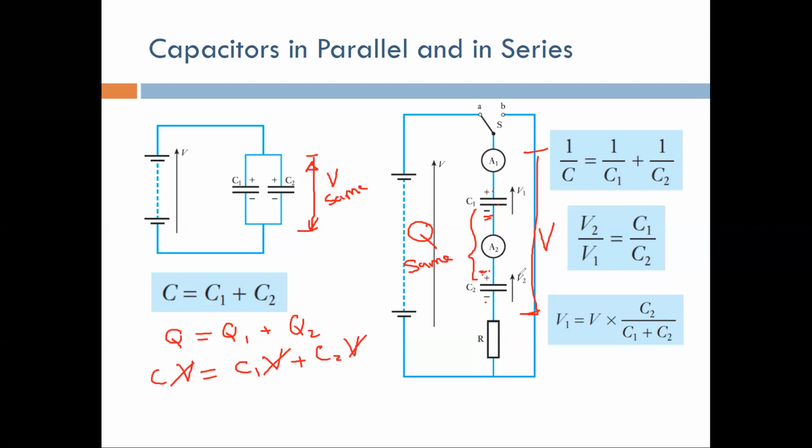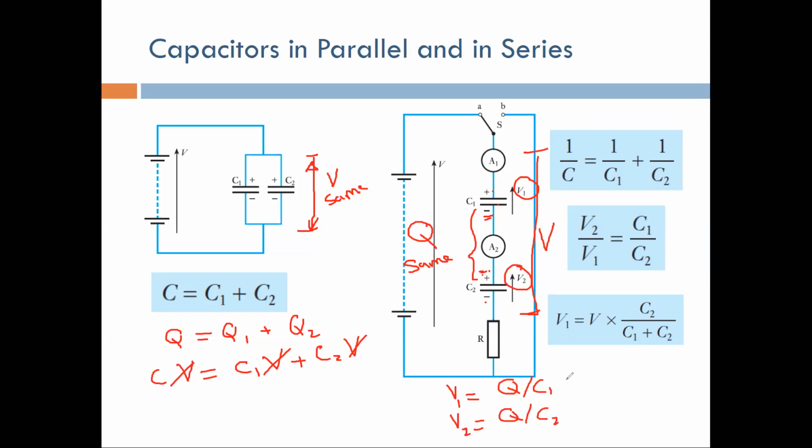So the voltage here will be equal to V1 plus V2. V1 is equal to Q over C1, where Q is the common Q, and V2 is equal to the same Q over C2.